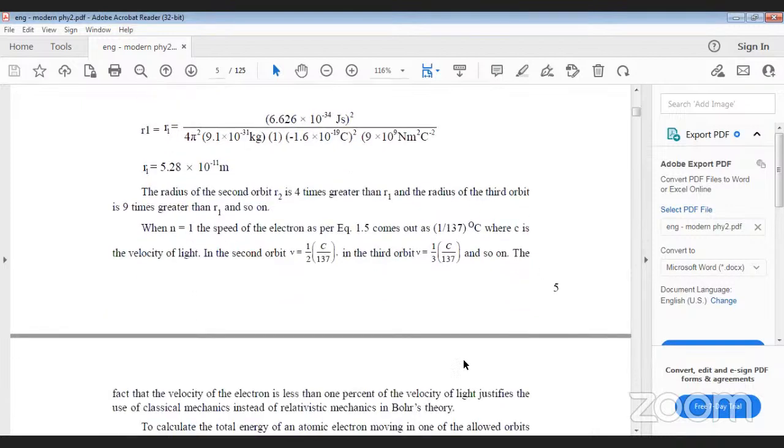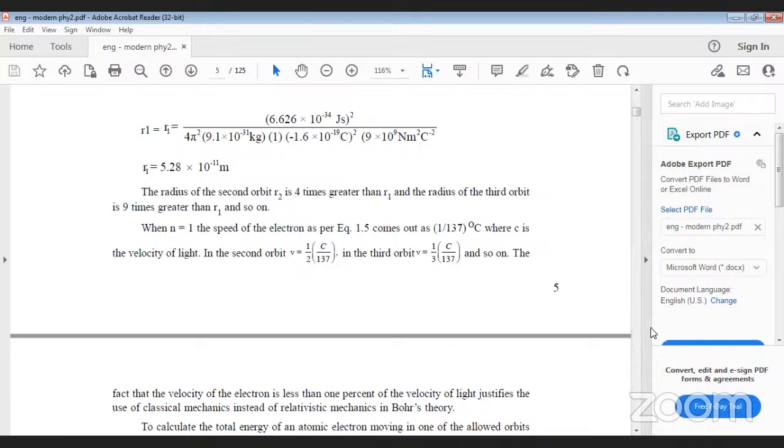It is only capable of giving the line spectra of hydrogen.